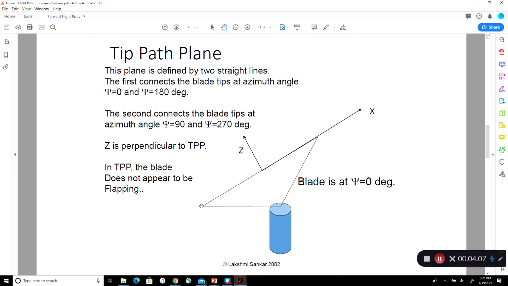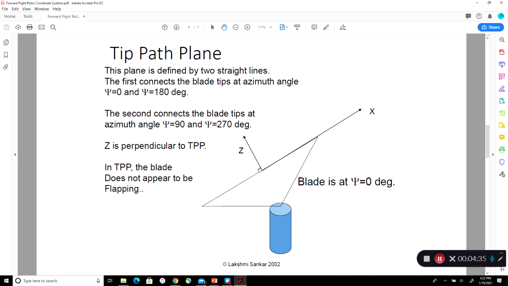Then look at the same blade when it comes in front of the pilot in the symmetry plane of the fuselage. Look at the tip. Join these 2 points by a straight line. This is your x-axis. Now the z-axis would be perpendicular to this line. And then the y-axis, by the right-handed coordinate system, would be going into the plane of the paper.